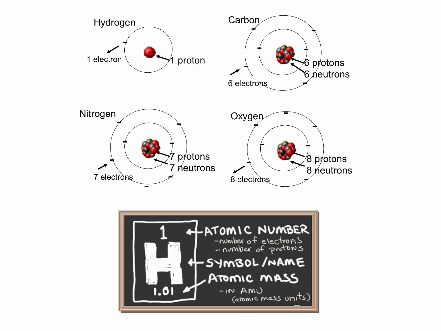And again, the important thing here, if we go down below, we can see that these atoms are going to be represented by what we call a symbol or a name. In this case, hydrogen is represented by the H. We're going to have an atomic number, which is the number of protons or electrons.